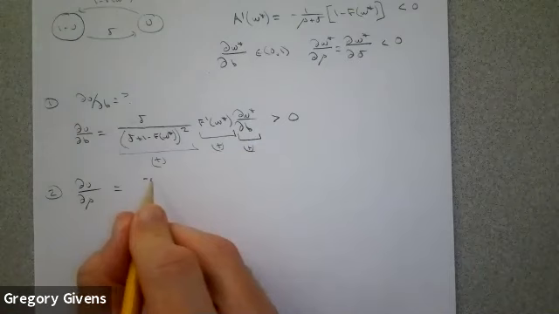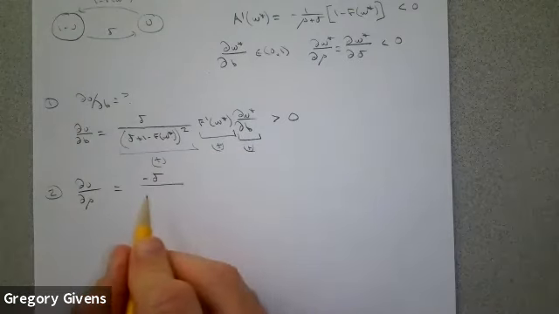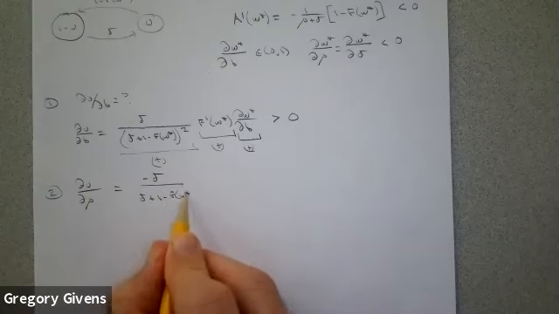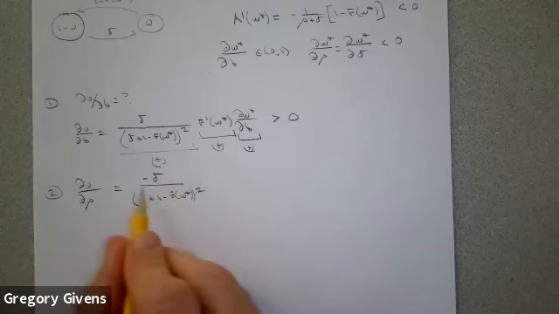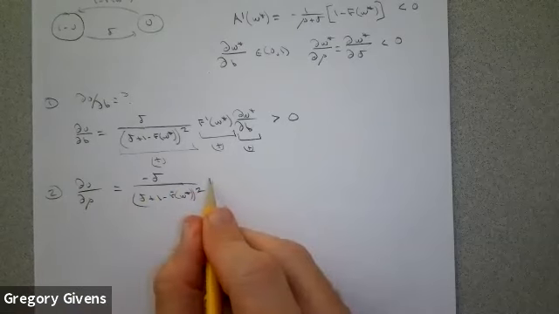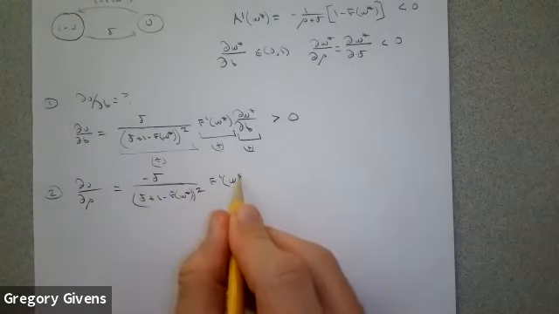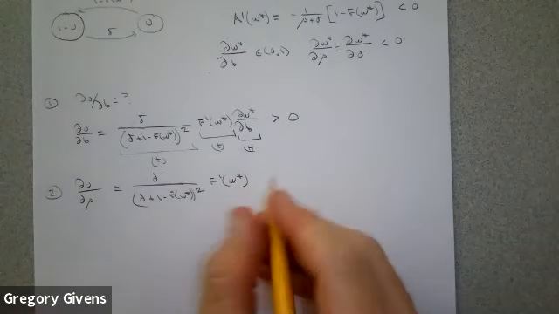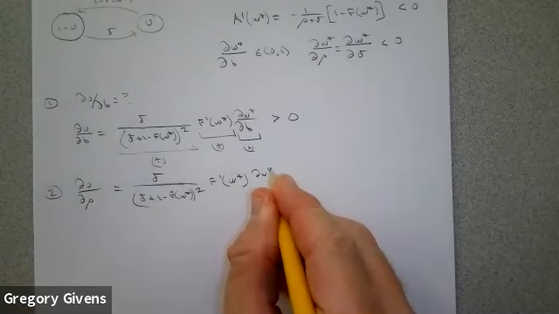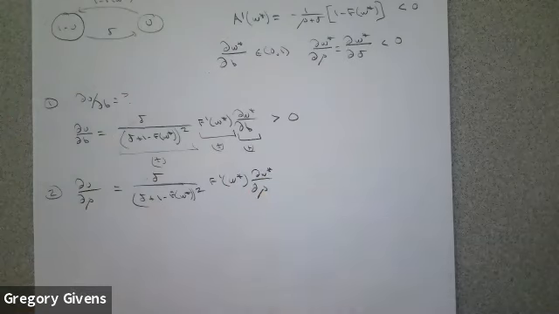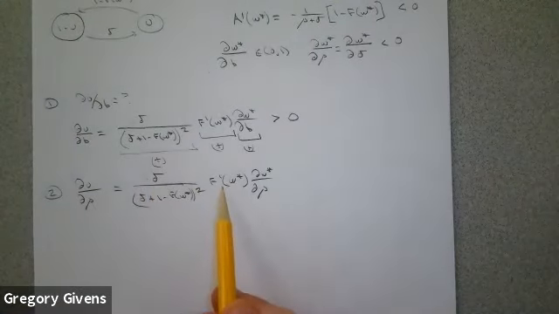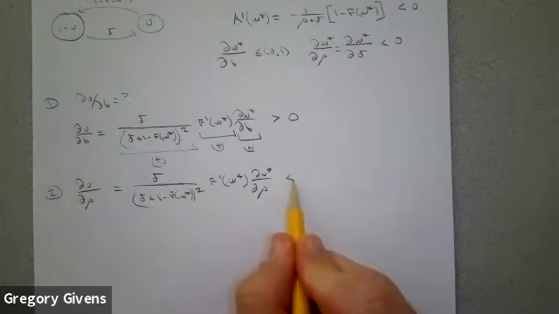It would just be negative delta over delta plus 1 minus F of W star, quantity squared, times F prime of W star times the negative 1, and so the negatives cancel again, times dW star d rho. So the comparative static looks identical to the one with respect to the unemployment benefit. Positive times a negative, however, makes this whole thing negative.